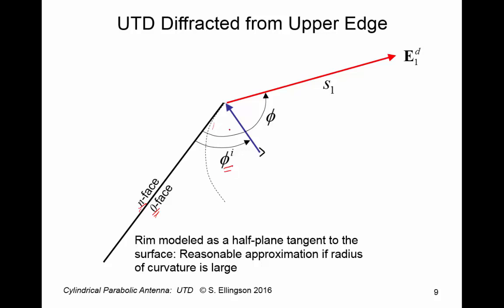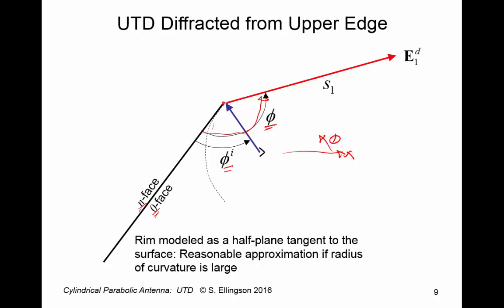The angle to the diffracted ray, as described in the expressions for the diffraction coefficient, is this angle here. It's a little bit clumsy notation-wise. We use that variable phi for that angle. Of course, phi is also the angle relative to the x-axis. So you'll have to forgive that double use of variables.